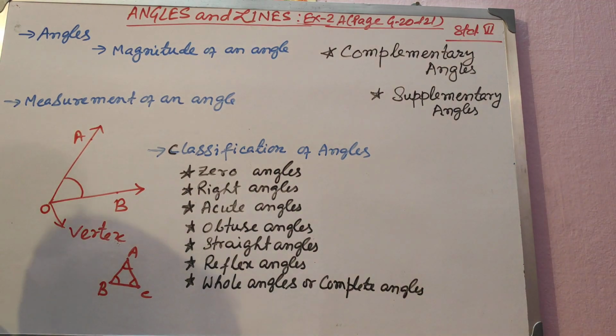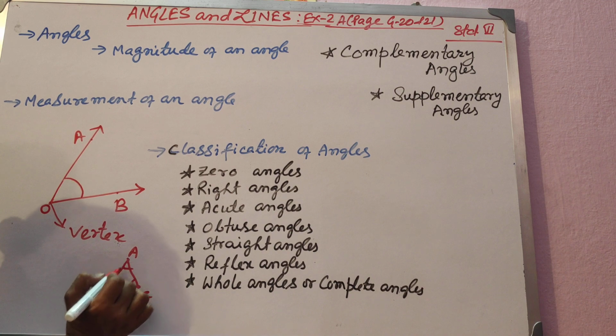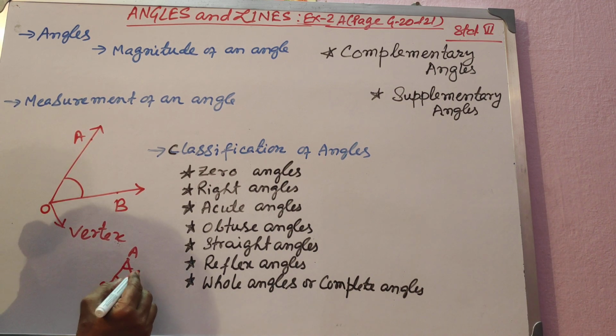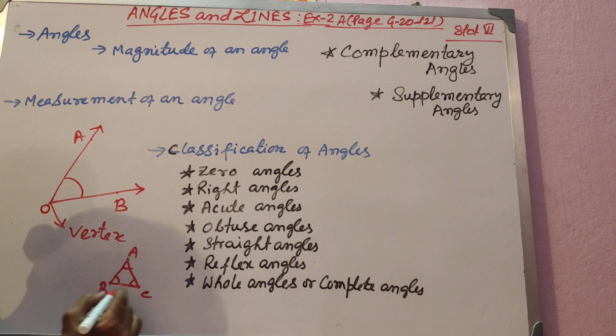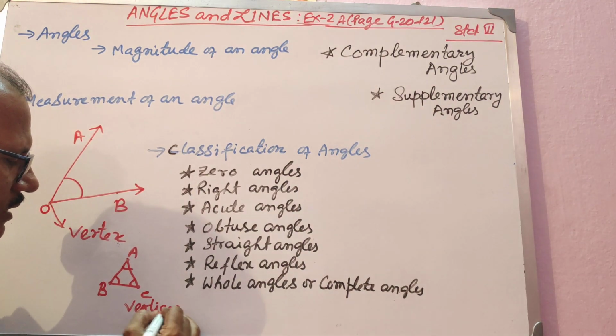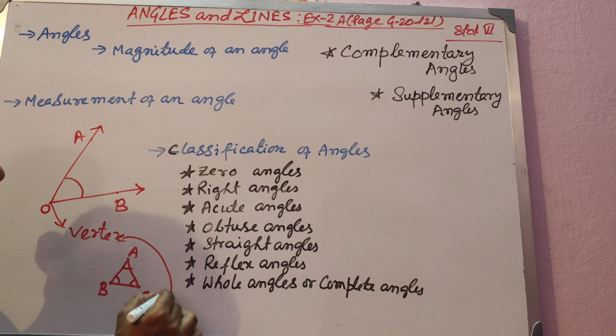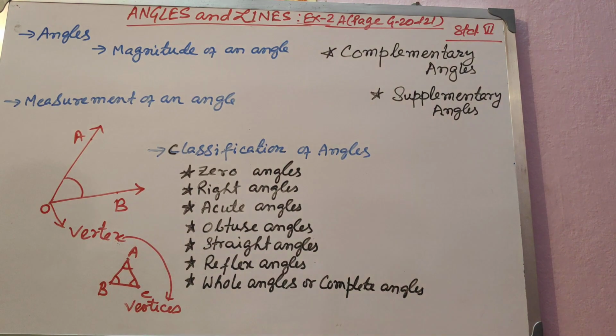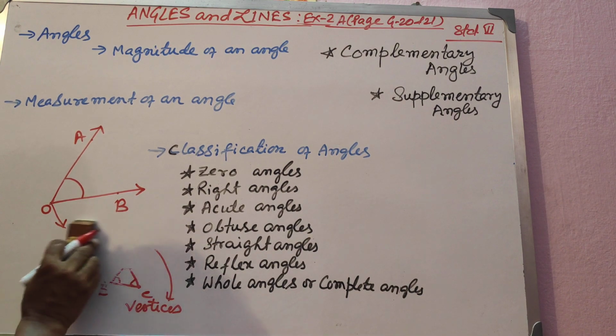You can find three vertices also: A vertex, B vertex and C vertex. The plural of vertex is vertices, V-E-R-T-I-C-E-S. Could you understand me? So you have understood what is called an angle.